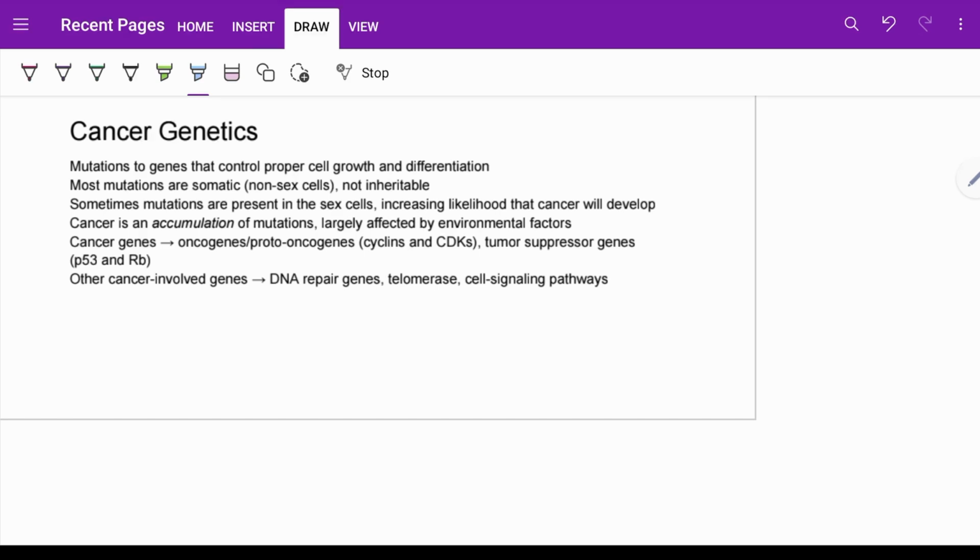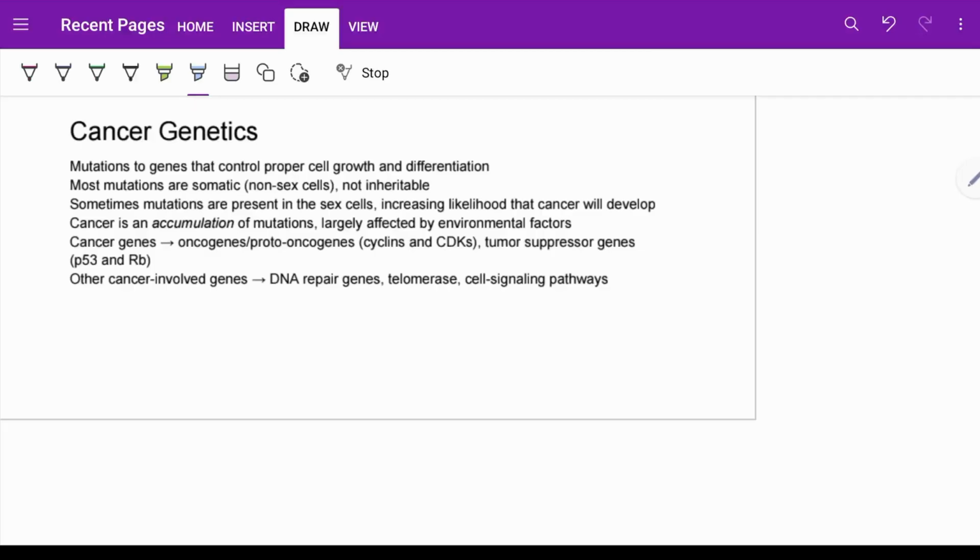Cancer is also an accumulation of mutations. It is not just one mutation, one and done, that immediately triggers cancer; a lot of things have to break for cancer to occur. Usually one or a few of these cancer-causing genes have to start functioning irregularly before cancer actually starts.